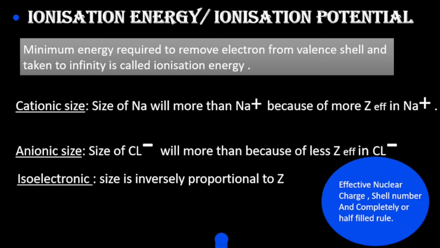Now for isoelectronic species, this is one of the favorite questions of JEE Mains: size is inversely proportional to Z, meaning if electrons are the same in all the elements, more Z means less size.